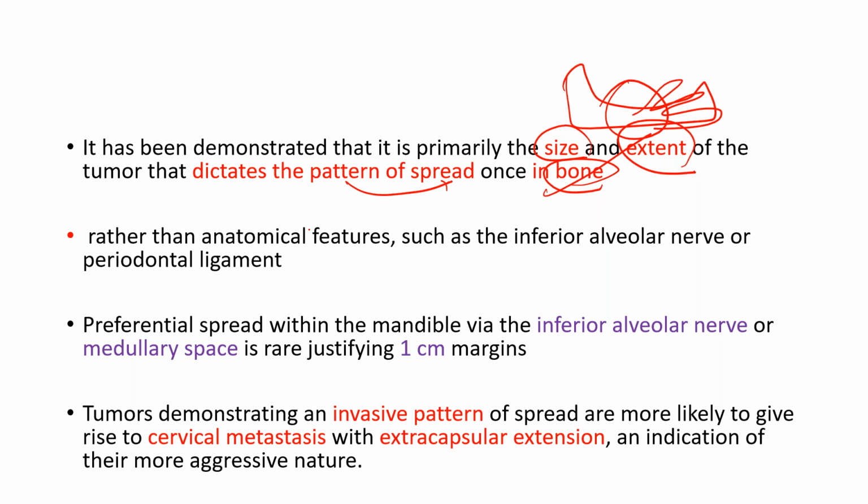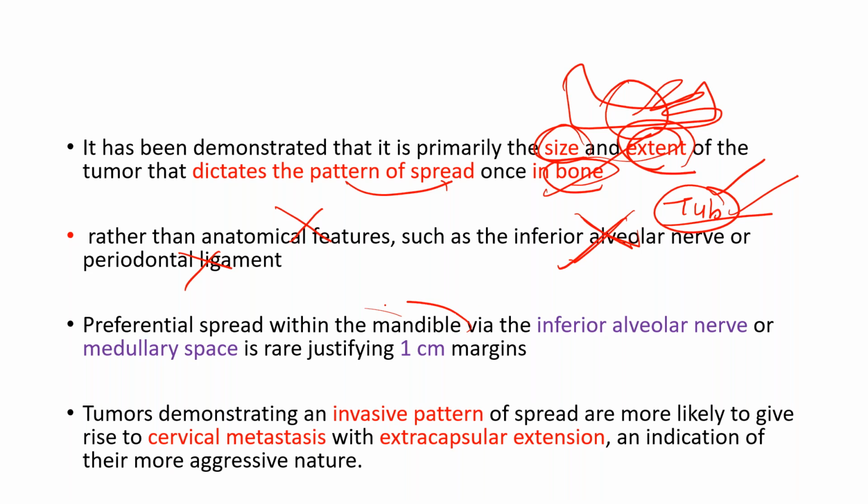It is not the anatomical features, not the inferior alveolar nerve, not the periodontal ligament. I mention the inferior alveolar nerve because if it is involved, it becomes T4B. But this is not going to dictate the pattern of spread.